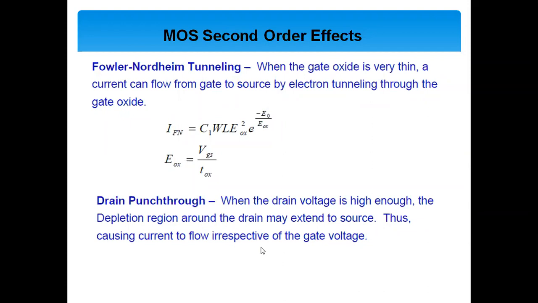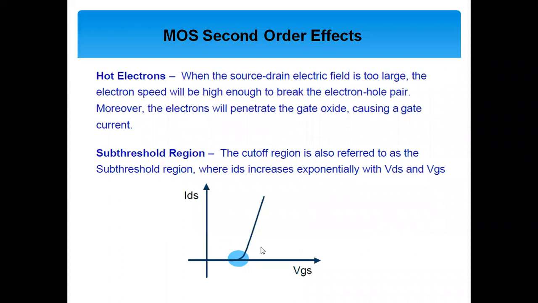When you increase the drain voltage VDS beyond a certain value, the depletion region around the drain may extend to the source, and it is called drain punch through.